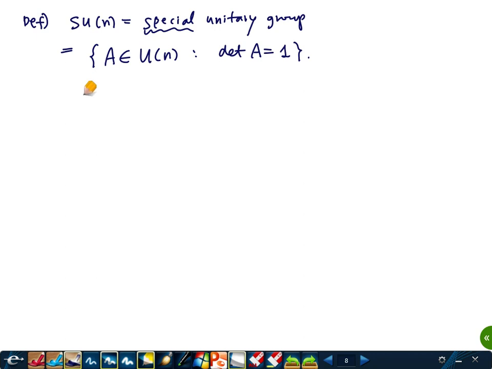And so it is also a matrix Lie group. You can check by the same method. If you have a sequence entirely lying inside this, approaching another matrix, then the limit must be special unitary as well. All right.